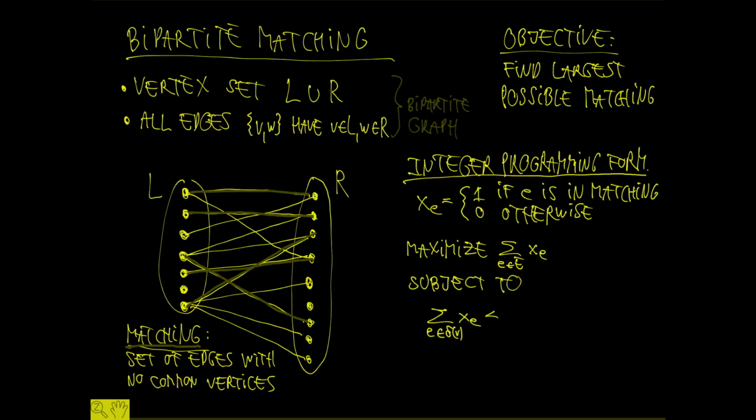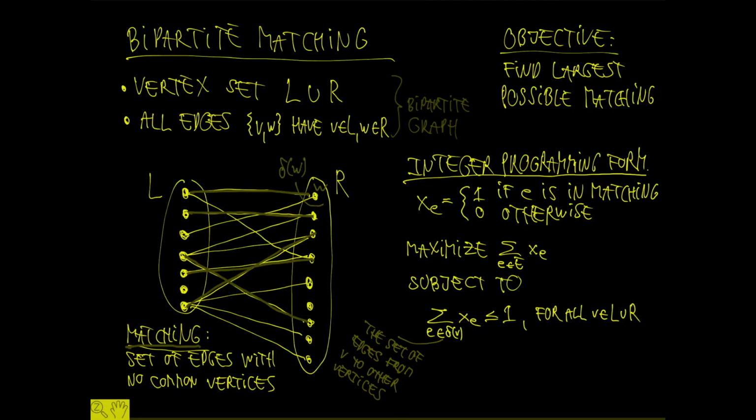To formulate this as a linear constraint, we sum over all the edges incident to a vertex v, and this sum needs to be less than or equal to 1 in order to satisfy the condition that there are no two edges incident to this vertex chosen. This has to be true for all vertices in L and in R. So delta v here is used to denote the set of all edges that are incident to v.